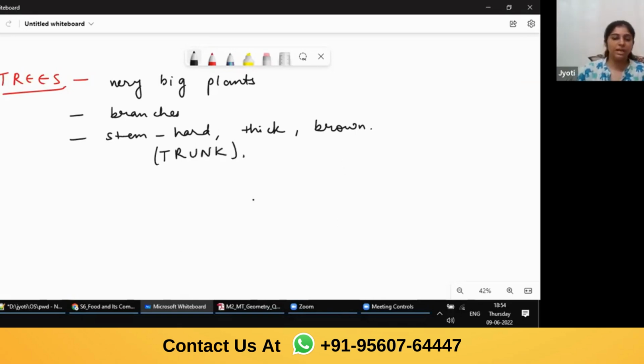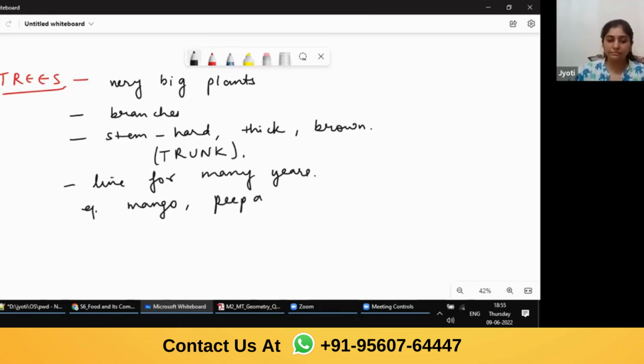Very good. Then they live for many years. Clear? Examples can be your mango tree, peepal tree and coconut tree. These are all examples of trees.